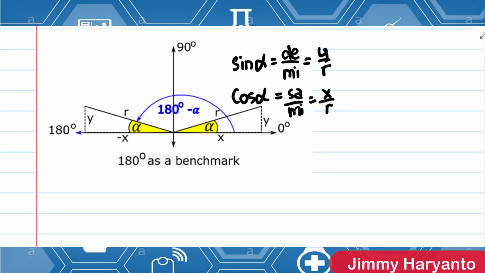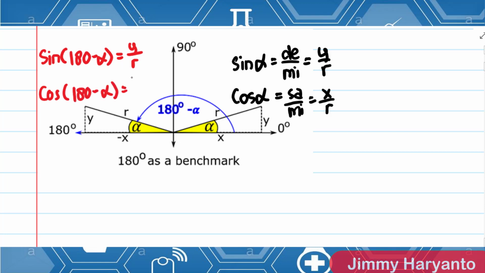But for quadrant 2, 180 degree minus alpha, the value of sine 180 minus alpha will be y over r. And for cos, cos 180 degree minus alpha will be negative x over r.